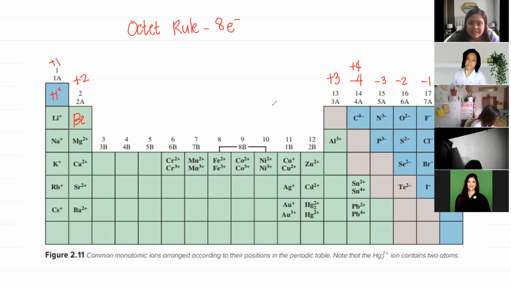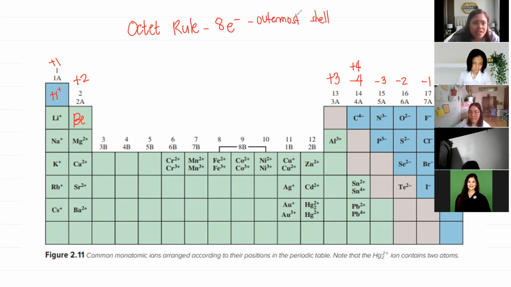So again, we have 8 electrons. When you say octet rule, they should complete 8 electrons in their outermost shell. Just like in the case of sodium.